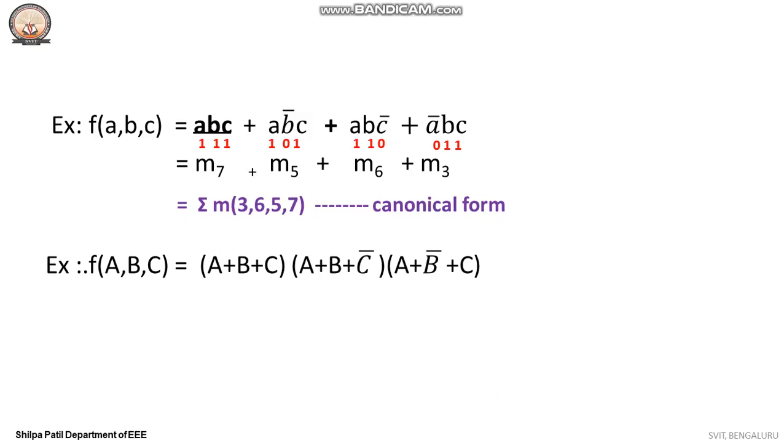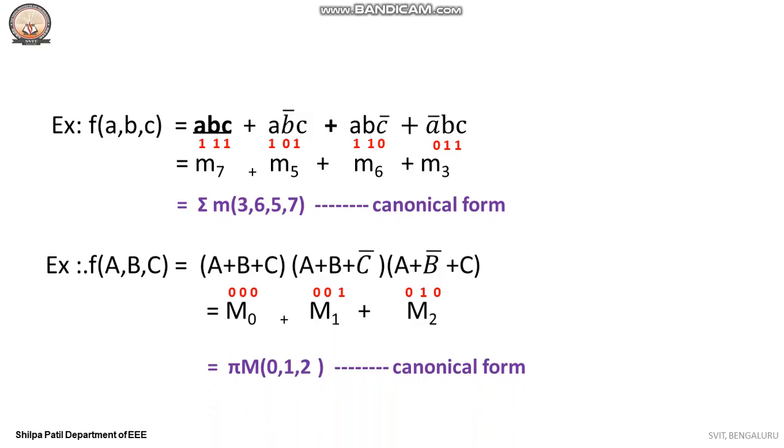In the first sum term all are uncomplemented, so 000, and here it is 001 and 010. Together we can write it as M0, M1, M2, so we represent this as pi of M 0, 1, 2. This is the canonical form.